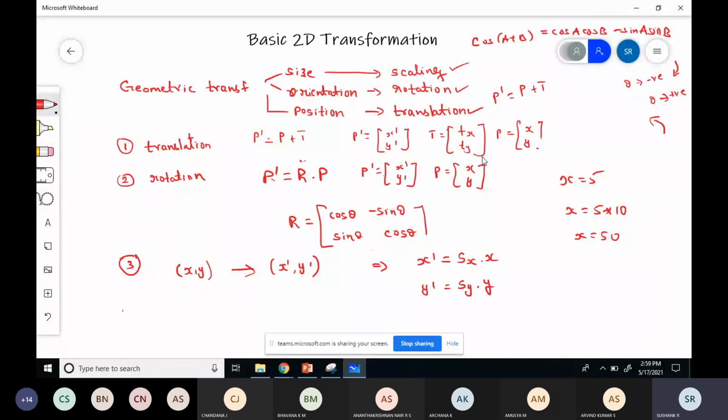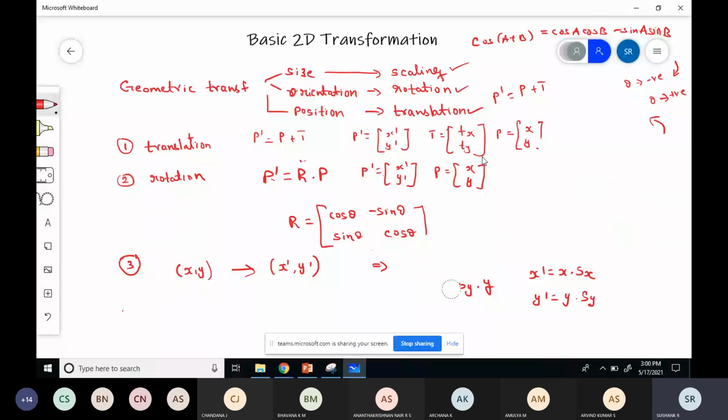So X dash is equal to Sx into X, Y dash is equal to Sy into Y, or the other way around: X dash is equal to X into Sx, Y dash is equal to Y into Sy. Like this you can get the scaling coordinates.